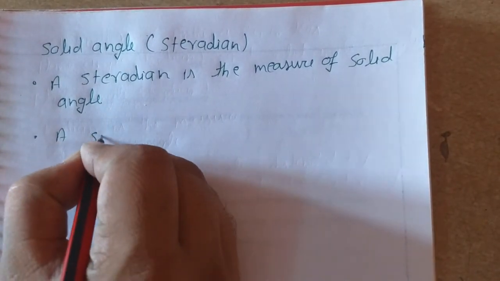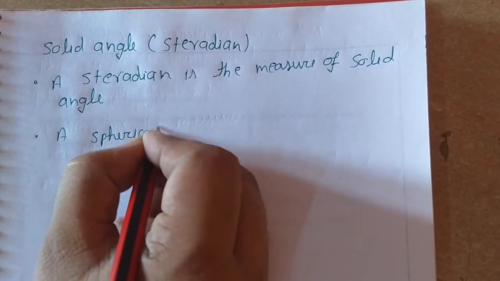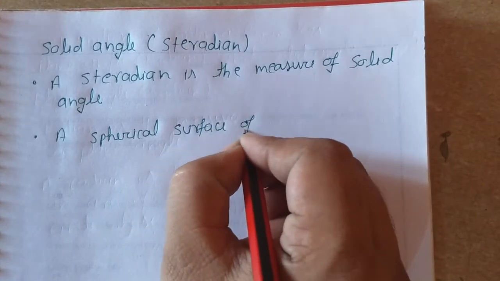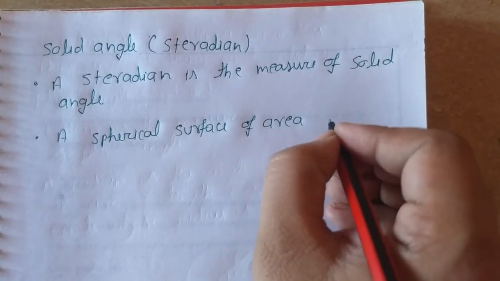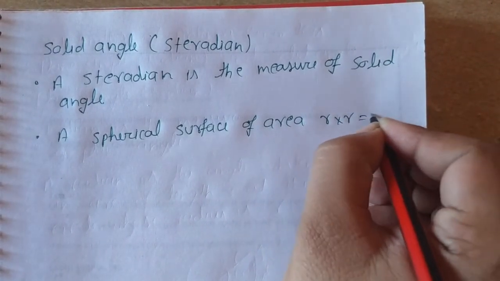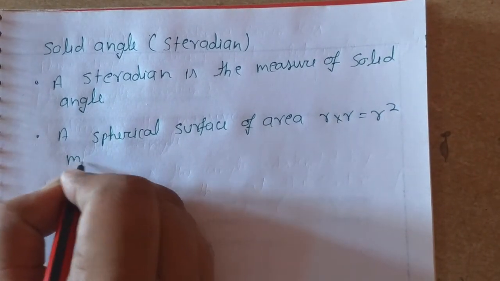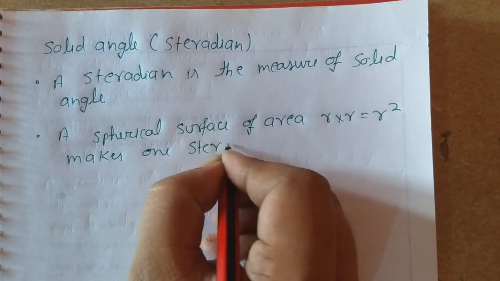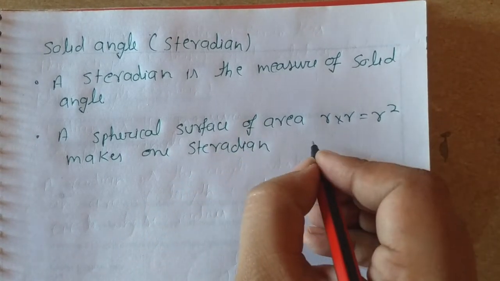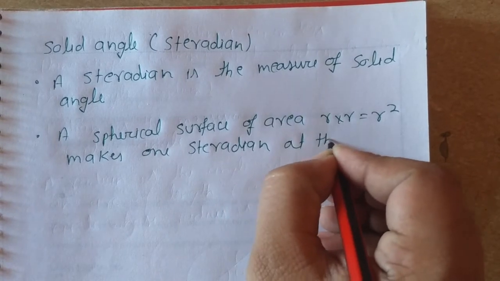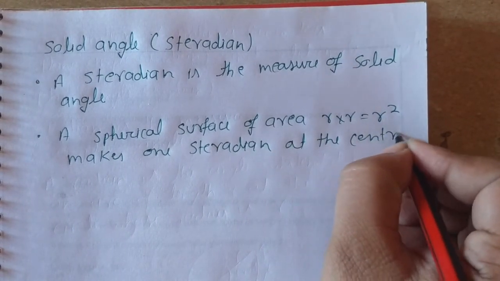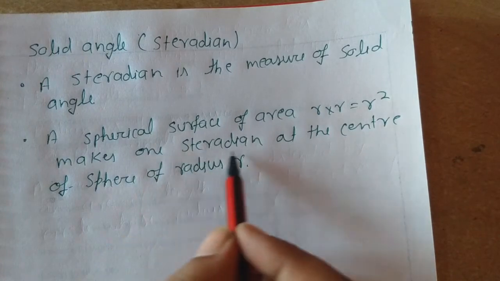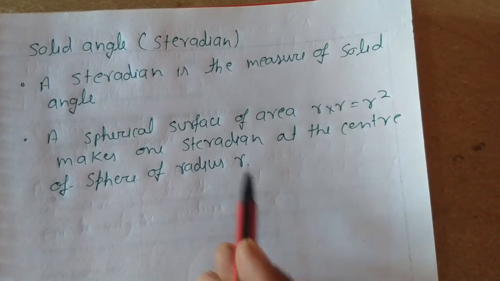A spherical surface of area r square makes 1 steradian at the center of a sphere of radius r.